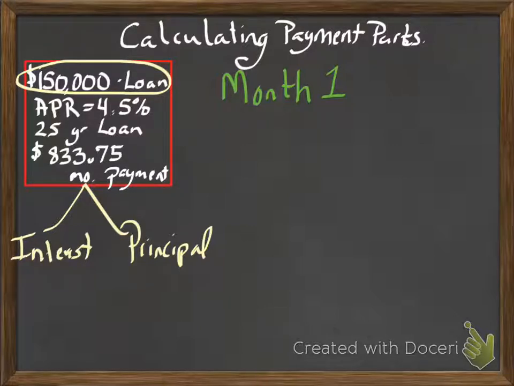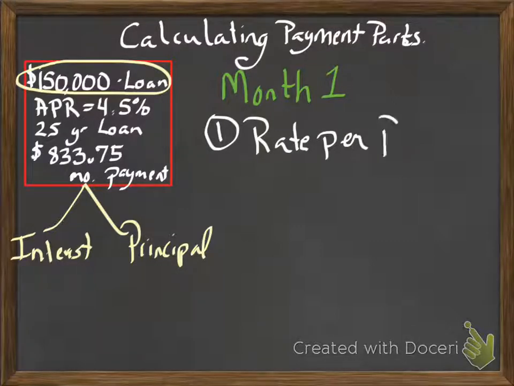Okay, so we are going to have several steps to do this. For month one, the first step is to calculate our rate per period. Kind of like what we did on problem one.